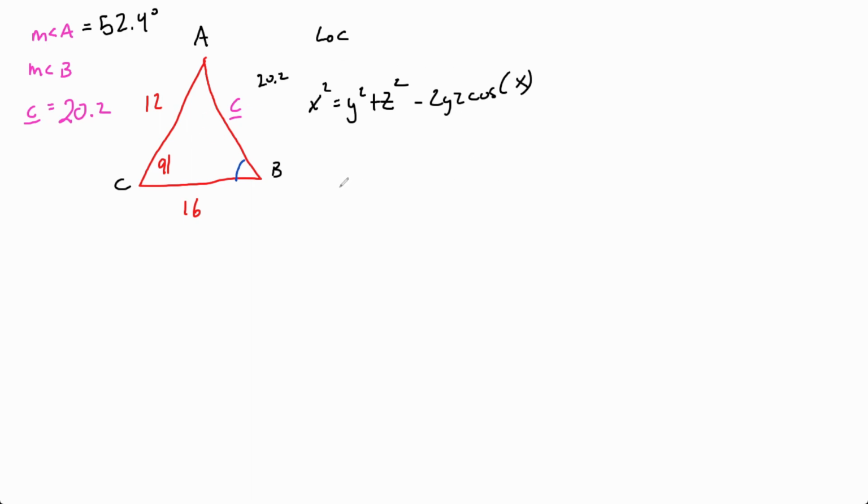So it's going to be its opposite side squared is equal to the other two sides squared and added together, minus 2 times the other two sides. And I picked the only side that wasn't an option: 16 times 20.2. And I want B this time, so inverse cosine of B.